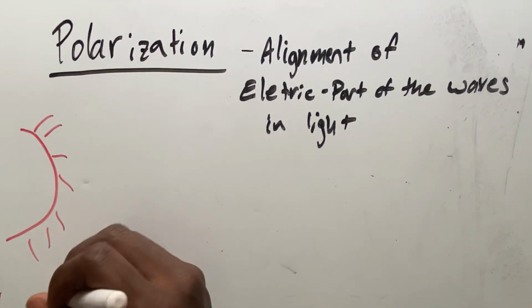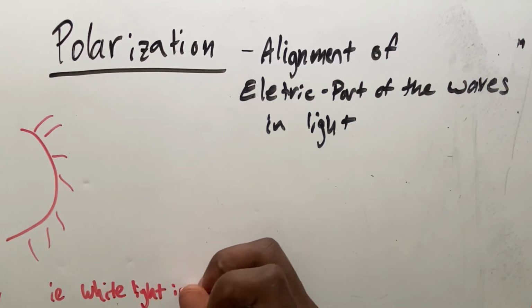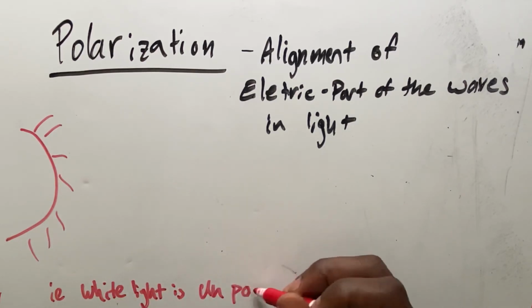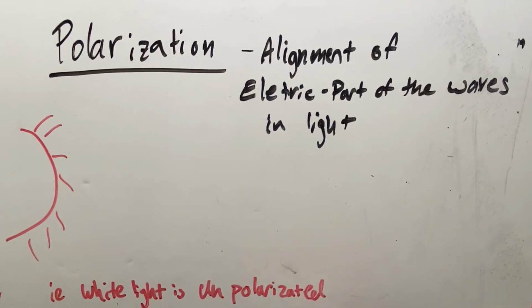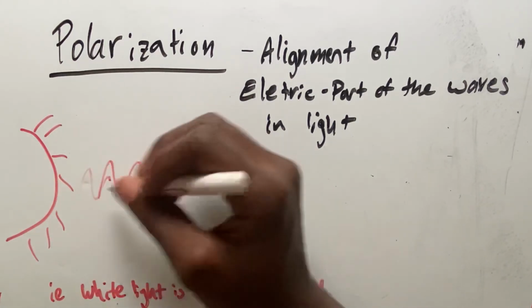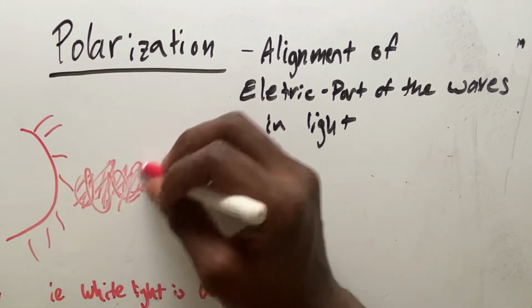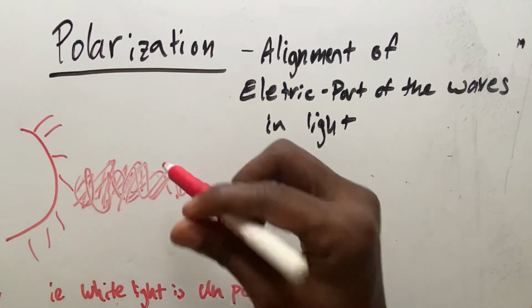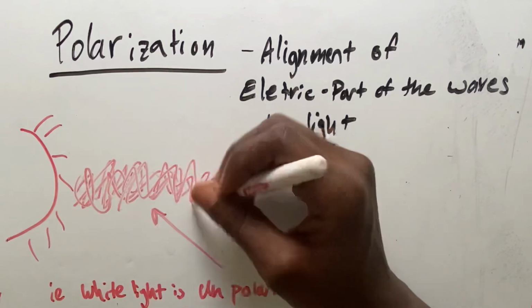So white light, i.e., white light is unpolarized. So that basically means the light that comes out of the sun is going this way, that way, that way. It's going all kinds of random, crazy ways. This is what we mean by unpolarized light. It has no direction, nothing.